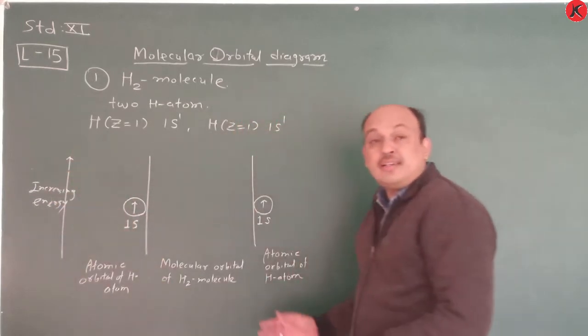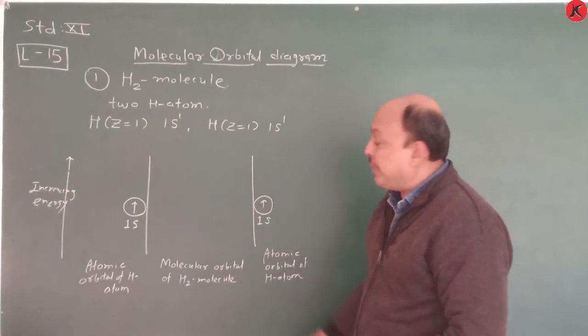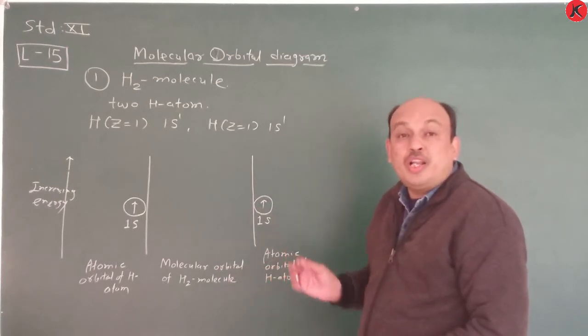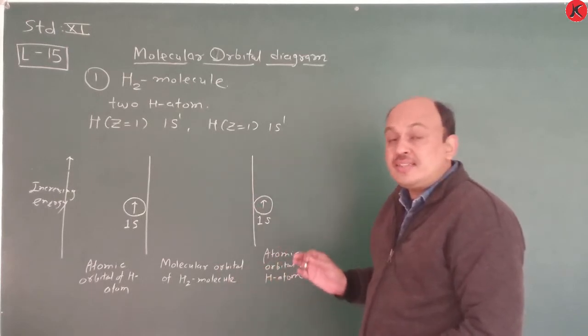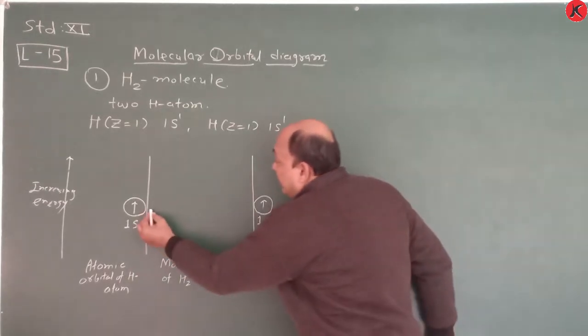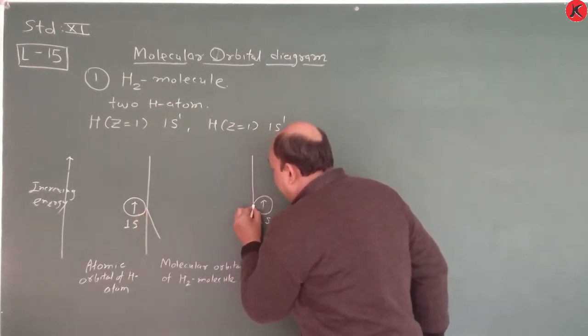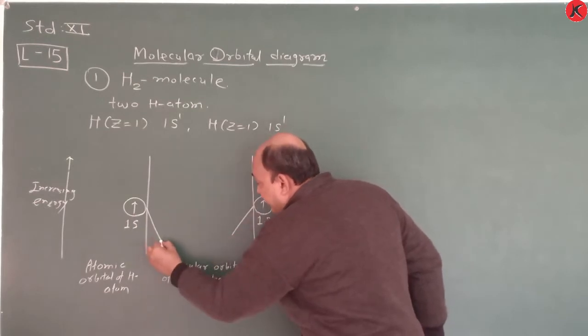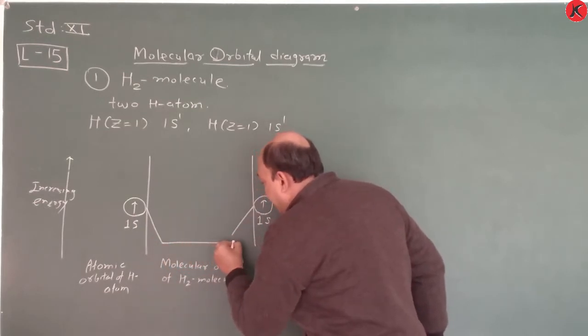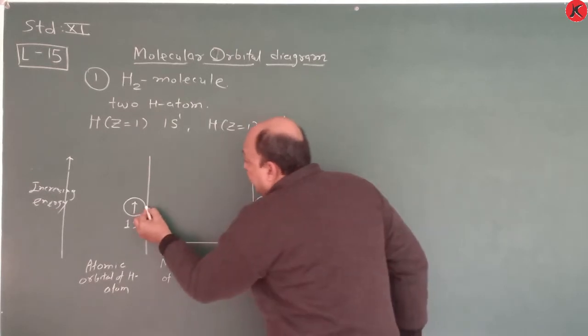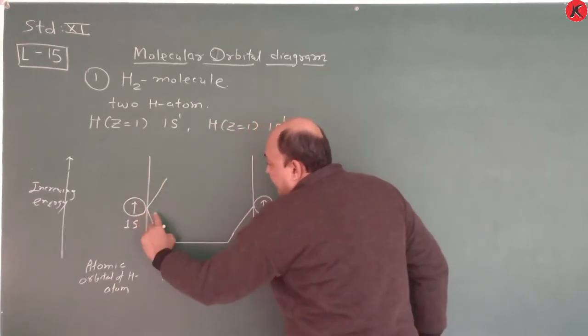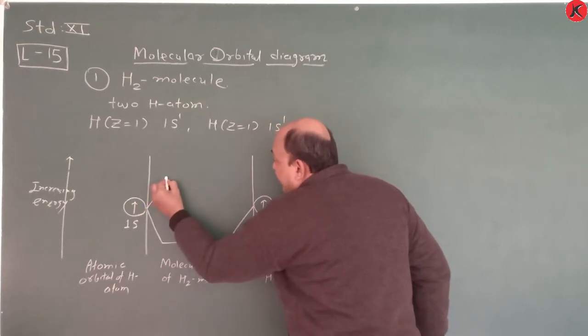Now you know that they are divided into two parts: one is a bonding molecular orbital, the other is an anti-bonding molecular orbital. So this energy distance remains the same, and you draw it this way. This distance is the same, remember.